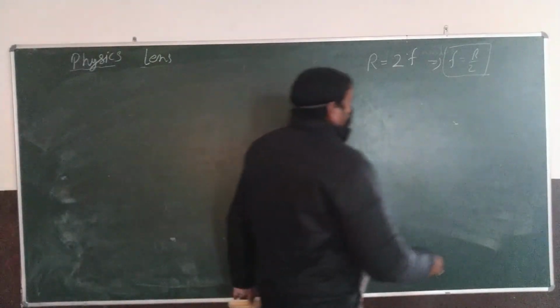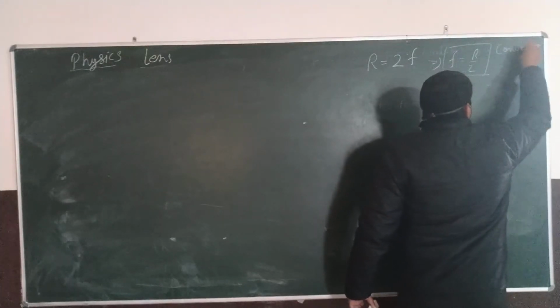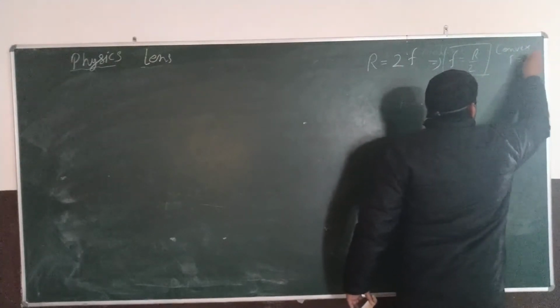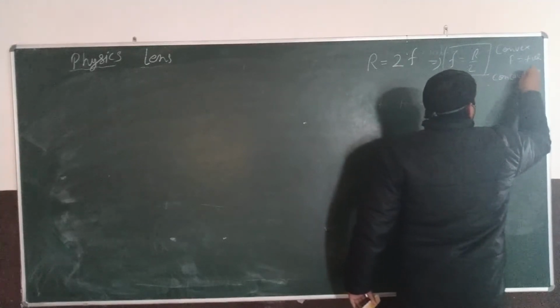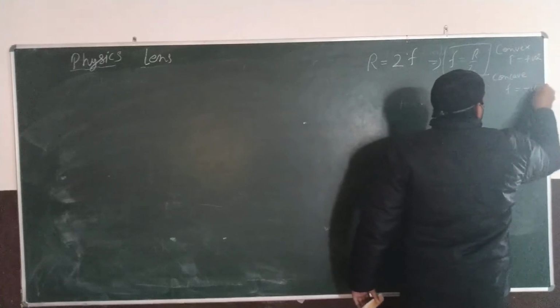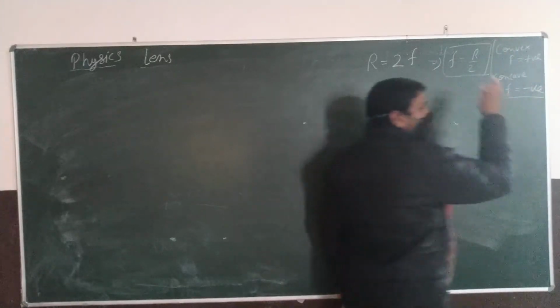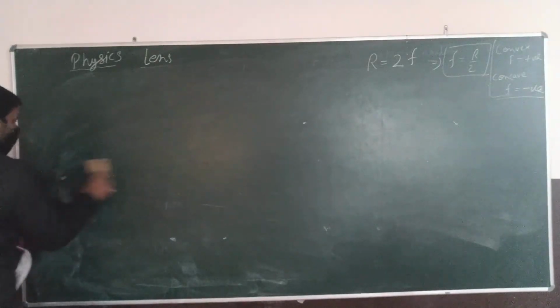It should be noted that for a convex lens f is positive and for a concave lens f is negative. The reason I will explain in the previous slide.